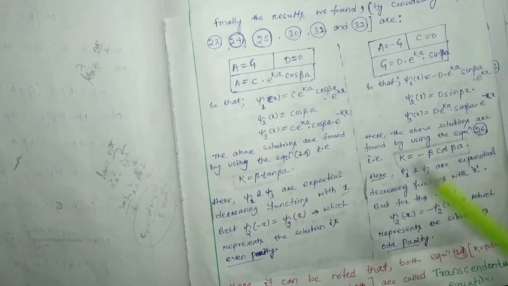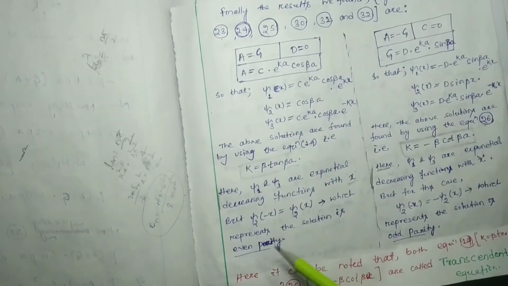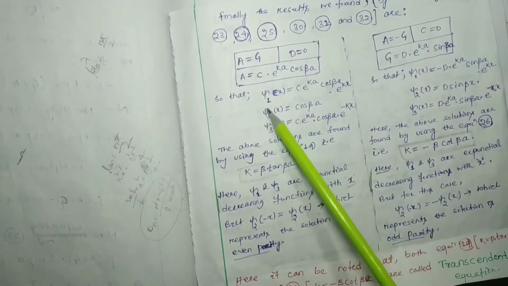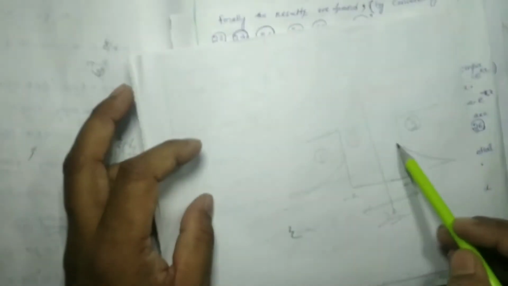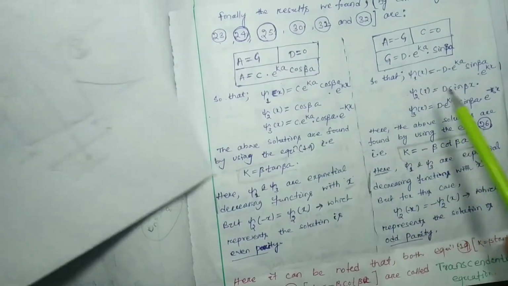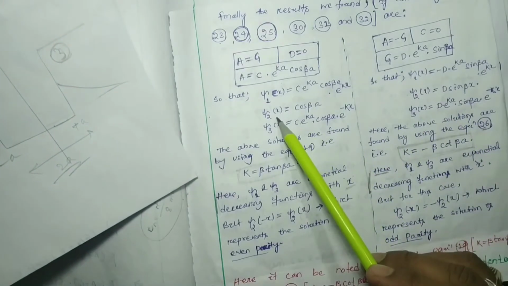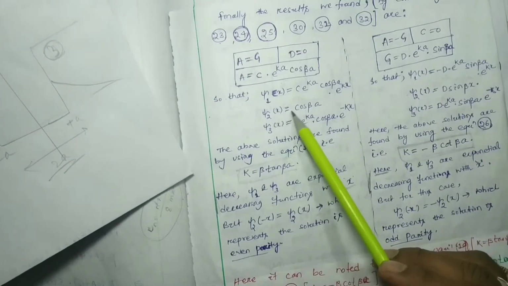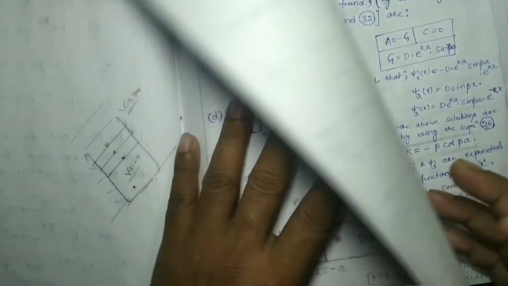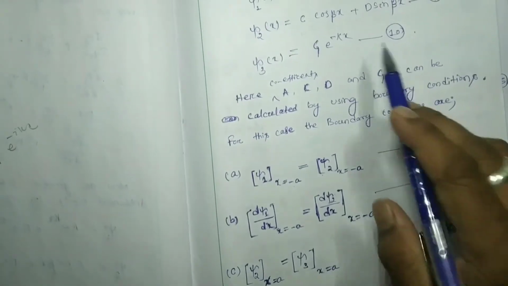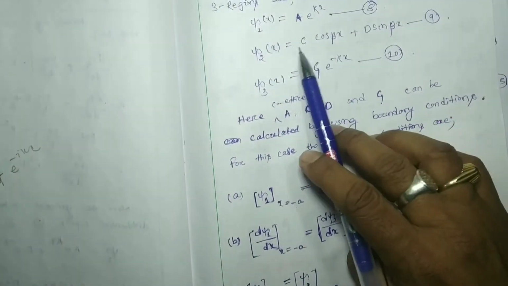But if we consider psi 2, the wave function in region 2, here you can see this is cos beta a. Oh sorry, I wrote it mistakenly here. See, if d equal to 0 it will be c cos beta x.